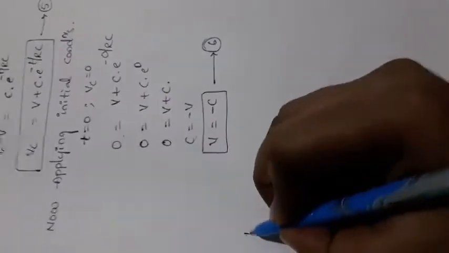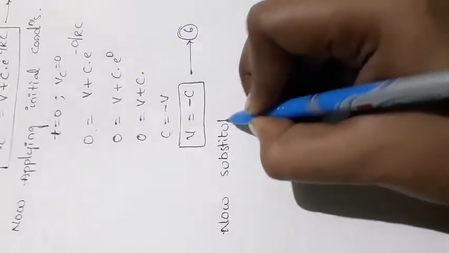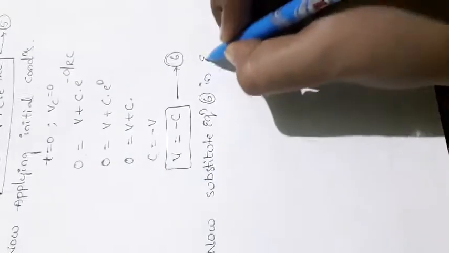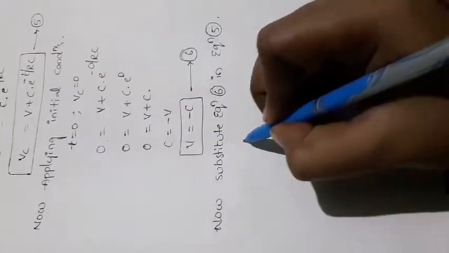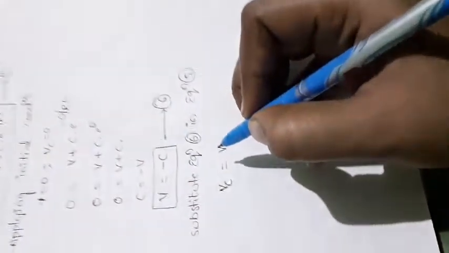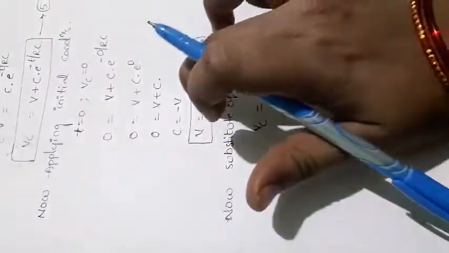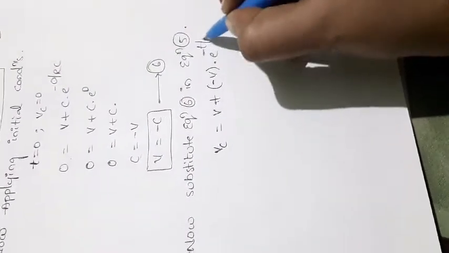Okay, now substitute equation 6 in equation 5. So what is equation 5 actually? Vc is equals to V plus C into e power minus t by Rc, and the C value is nothing but minus V, right? So V plus, I can rewrite, the C value will be minus V. So minus V I can substitute here in the place of C, with e power minus t by Rc.